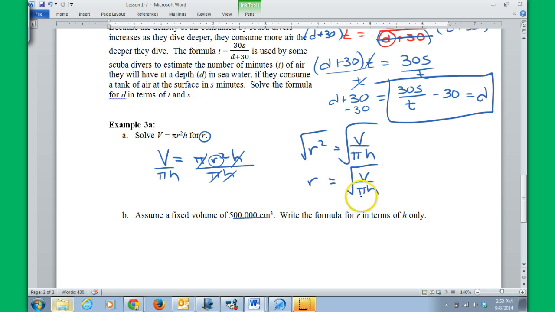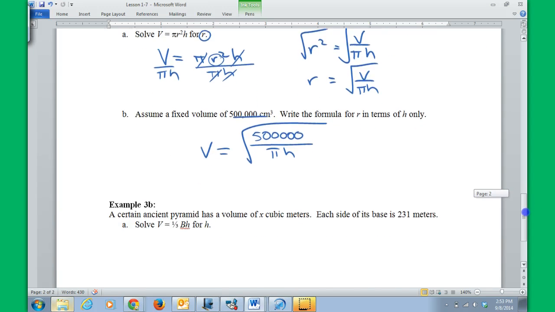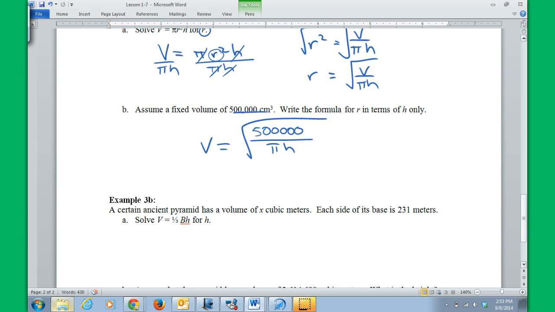It doesn't tell us what h is though, so we're just going to replace the V with 500,000 over pi h, and it's going to be a square root. That is all you do for part B.